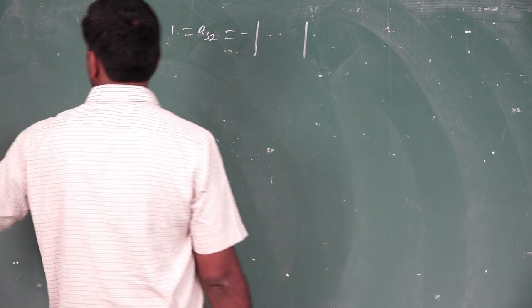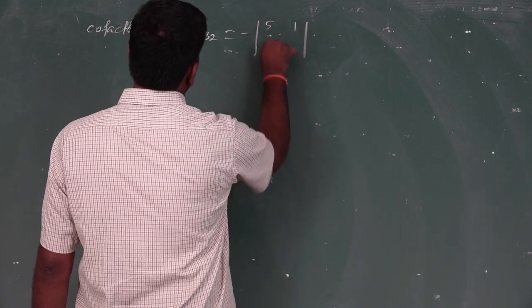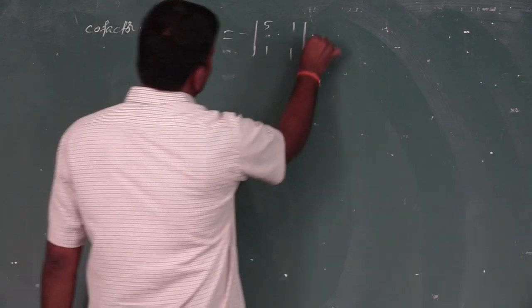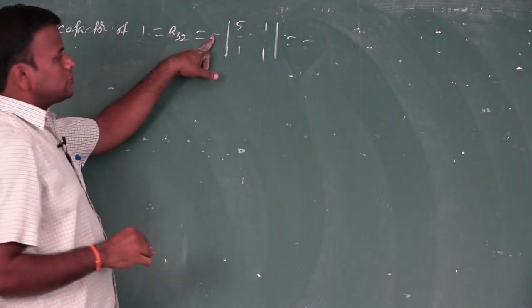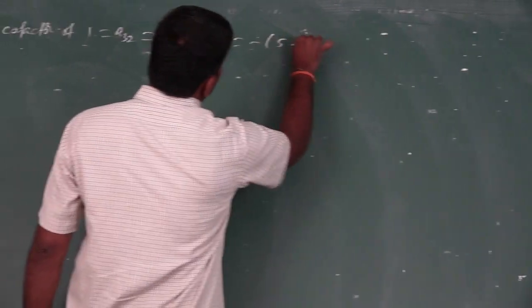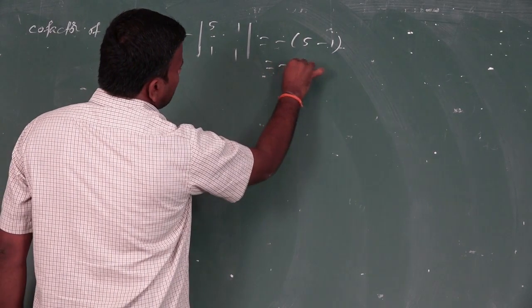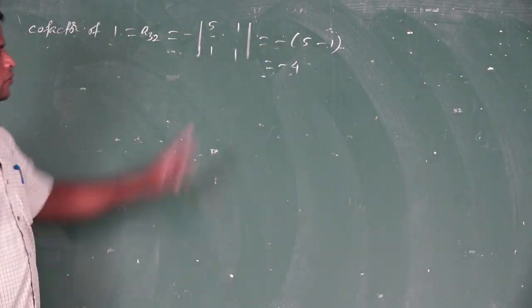The remaining elements are 5, 1, 1, 1. Minus outside. We simplify this: 5 minus 1. So the final answer is 4. 5 minus 1 is 4. Outside is minus.